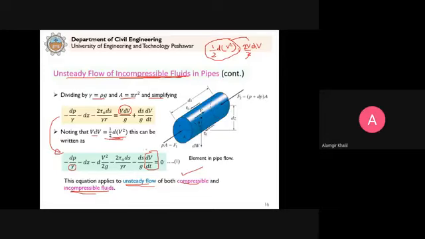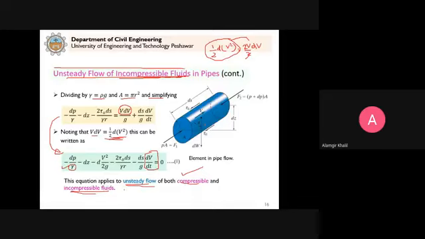So we just see in which domain the problem is occurring, and then we bring all those concepts into the solution of the question. I hope now you understand very well. Now let us further simplify this case, because we have to develop an equation for unsteady flow of incompressible fluids. So now essentially we will consider this gamma as constant.